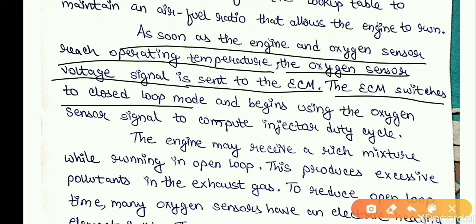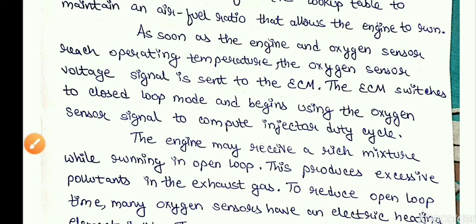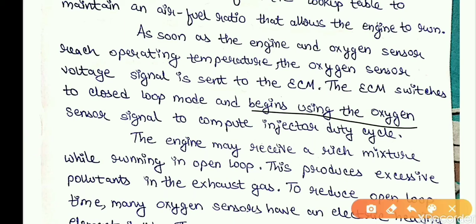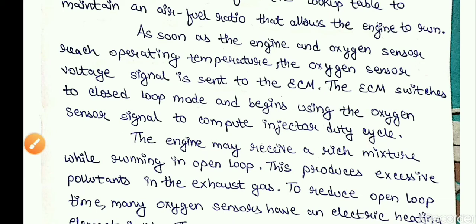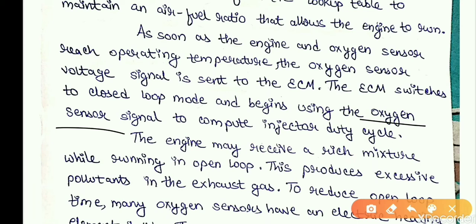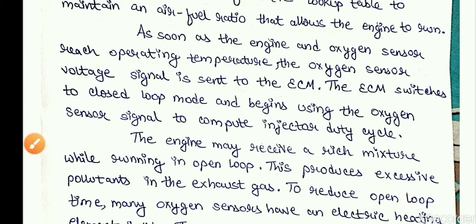That means it closes the open loop and there is a proper flow of voltages, sending and receiving signals, and it begins using the oxygen sensor signal to compute the injector duty cycle. With reference to the voltage signal sent by the oxygen sensor, the ECM feeds the injectors to regulate the fuel delivery.